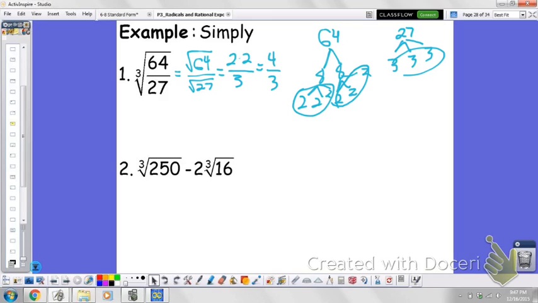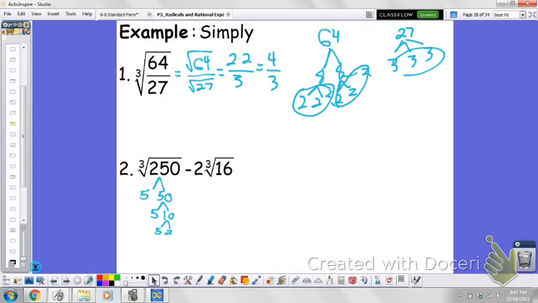And then for the next example, we have the cube root of 250 minus 2 times the cube root of 16. Let's go ahead and split up 250. Well, 250 is 5 and 50, and 50 is 5 and 10, and 10 is 5 and 2.